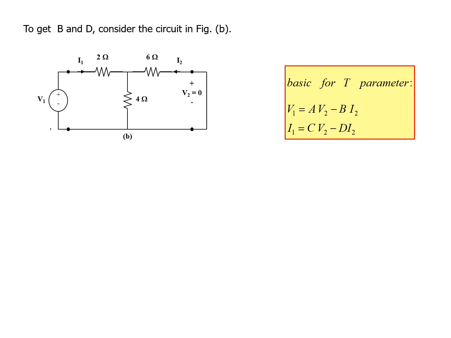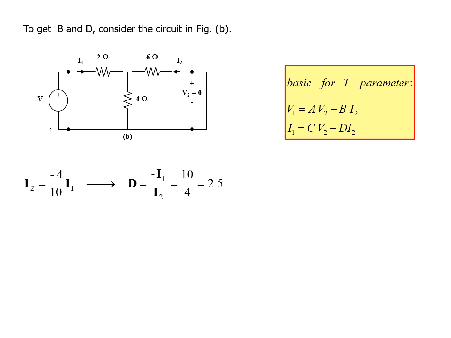For B and D, we attach a voltage source at port 1, and for port 2 we short circuit to make the voltage at port 2 equal to 0. By doing that, we get I2, which is minus 4 over 10 I1. So I2 is the current divider, and it is in the opposite direction of I1, that's why it is negative.